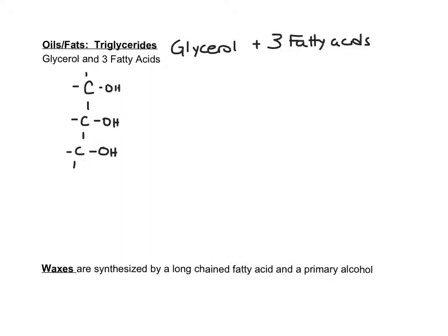A way to remember a fatty acid: a lot of times when we're talking molecular structure, an acid is a carboxylic acid group. So remember, you've got a carboxylic acid, which is a carbon, a double bonded oxygen, and a hydroxyl or an OH attached to it. That's the acid.